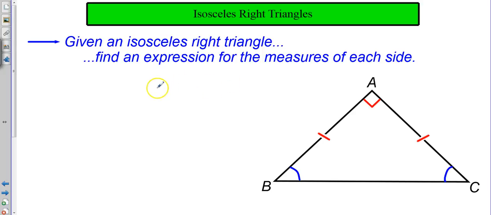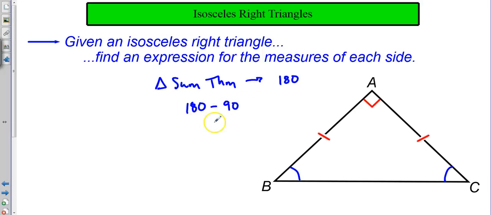Well, we know that the triangle sum theorem says that the sum of the angles is going to be equal to 180. So we've got 180 as the total sum of the angles. We know that this vertex angle up top is taking up 90 of those total degrees, and so we've got 90 degrees left for the two base angles.